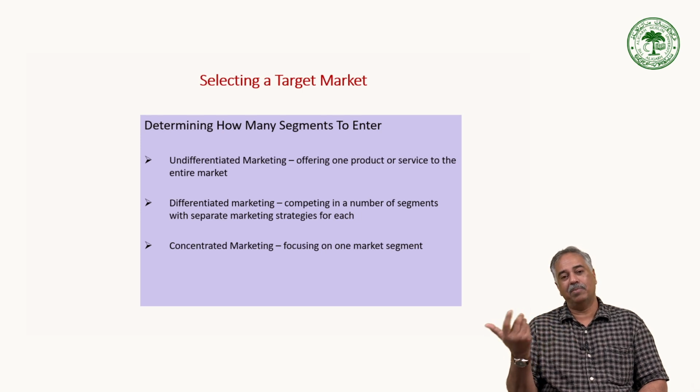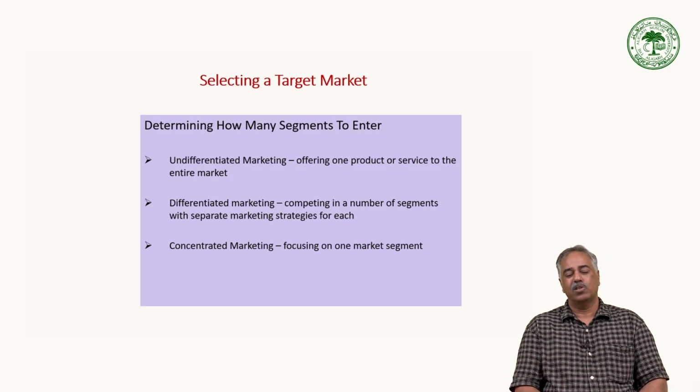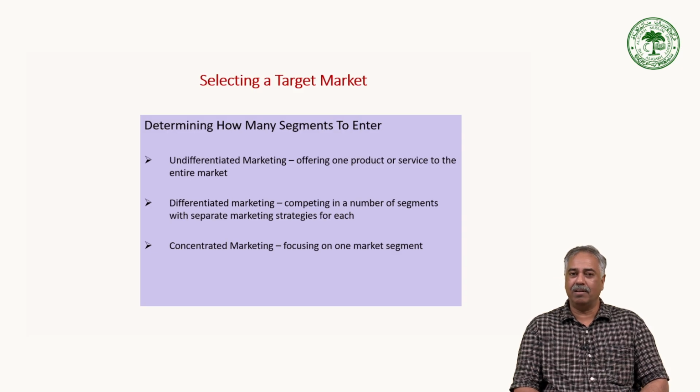Credit cards are also segmented accordingly, depending on the user's capability to repay the loans and all that. So, that is how it is, right. So, differentiated marketing is that you have different segments, you have segmented the market, and then you decide which of these segments you need to target.